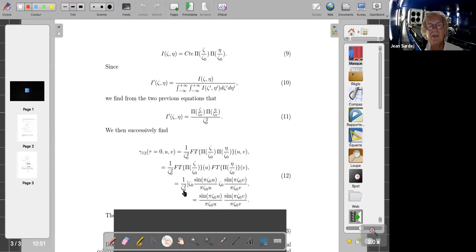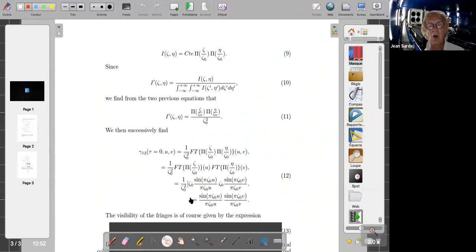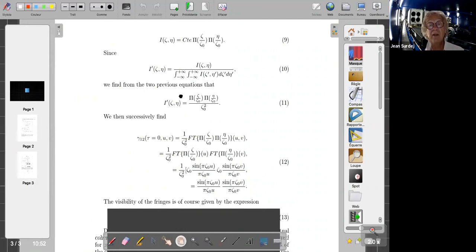We see that the zeta zero square here and the two zeta zero here in the denominator go away. And we find that the complex degree of mutual coherence of a square star is just a product of two sine cardinal functions, where the argument is pi zeta zero u, and here pi zeta zero times v. Okay, now I will just lift up everything a little bit.